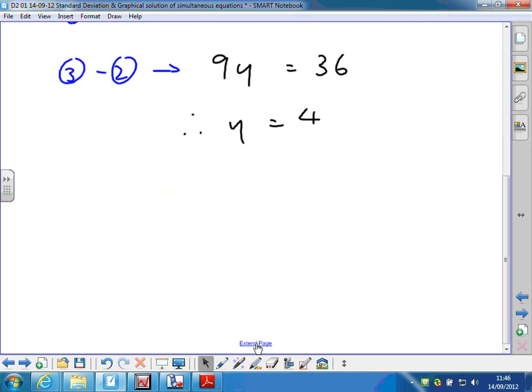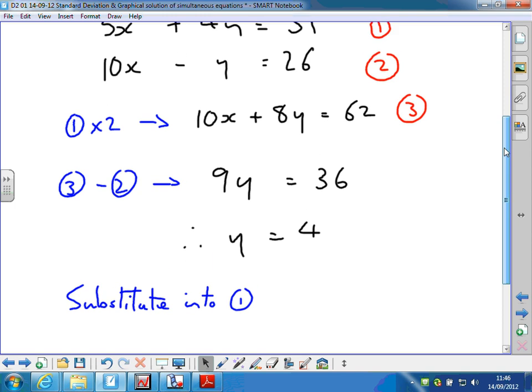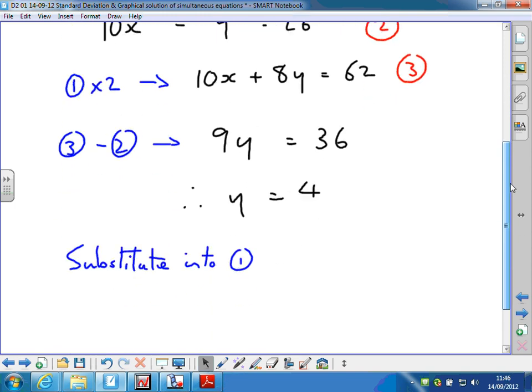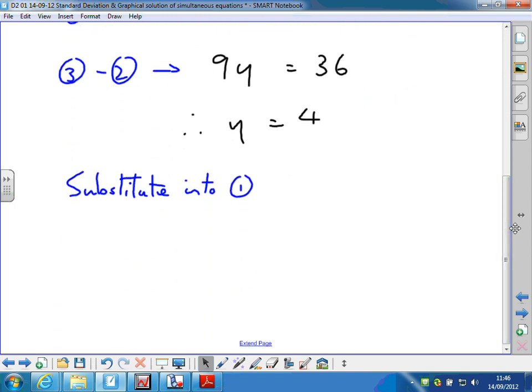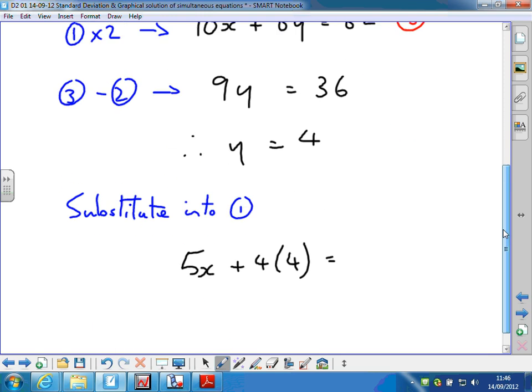Now I'm going to substitute into, say, equation number 1. So I'll rewrite equation number 1, but instead of y I'm going to write 4. So 5x plus 4 times 4 equals 31.